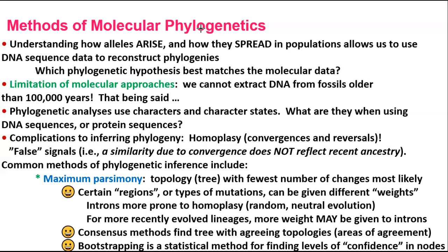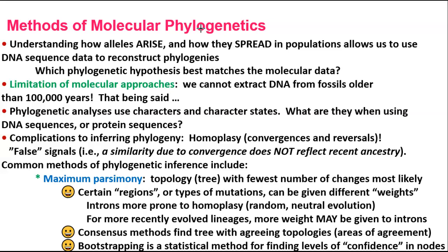And then those phylogenetic trees that have arrangements that are in common get a percentage value put at various nodes to say basically how frequently those nodes were found in common among all the trees. So, for example, a node might have a 70% bootstrap value.